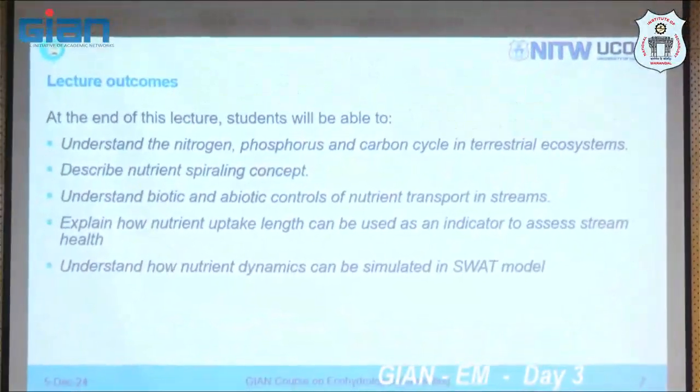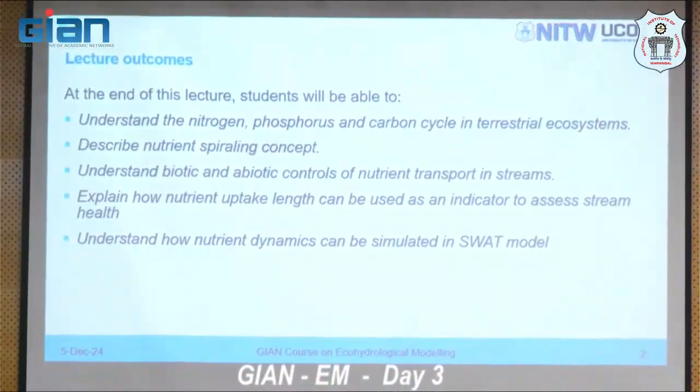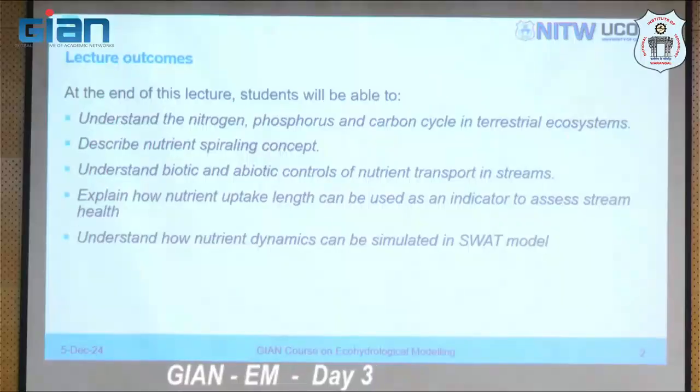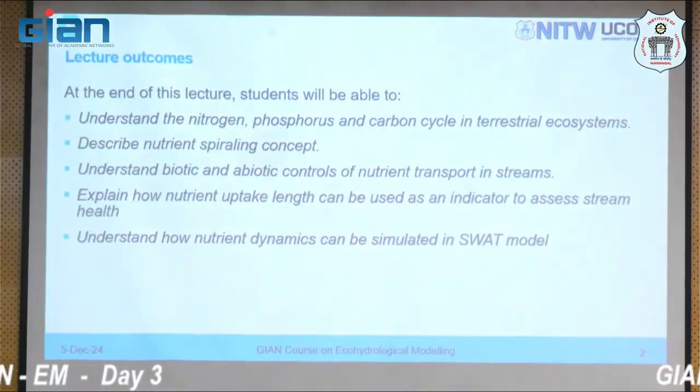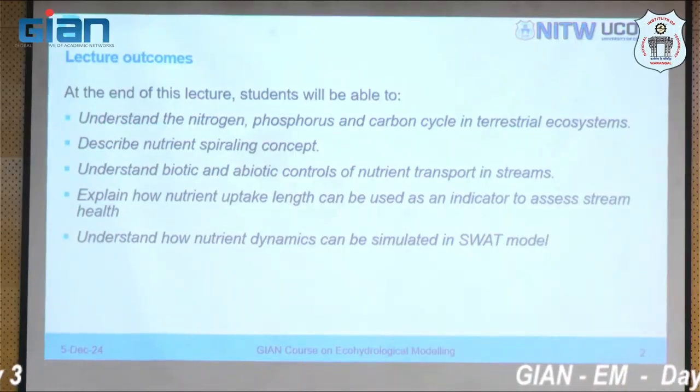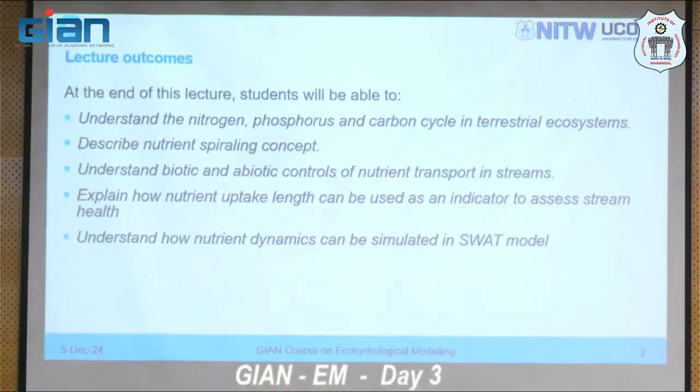At the end of this lecture, you will be able to understand the nitrogen, phosphorus, and carbon cycles in terrestrial ecosystems. When I say terrestrial ecosystems, it's mostly in the soil. Then you can describe the nutrient spiraling concept, understand biotic and abiotic controls of nutrient transport in streams, explain how nutrient uptake length can be used as an indicator to assess stream health, and understand how nutrient dynamics can be simulated in the SWAT model, right?